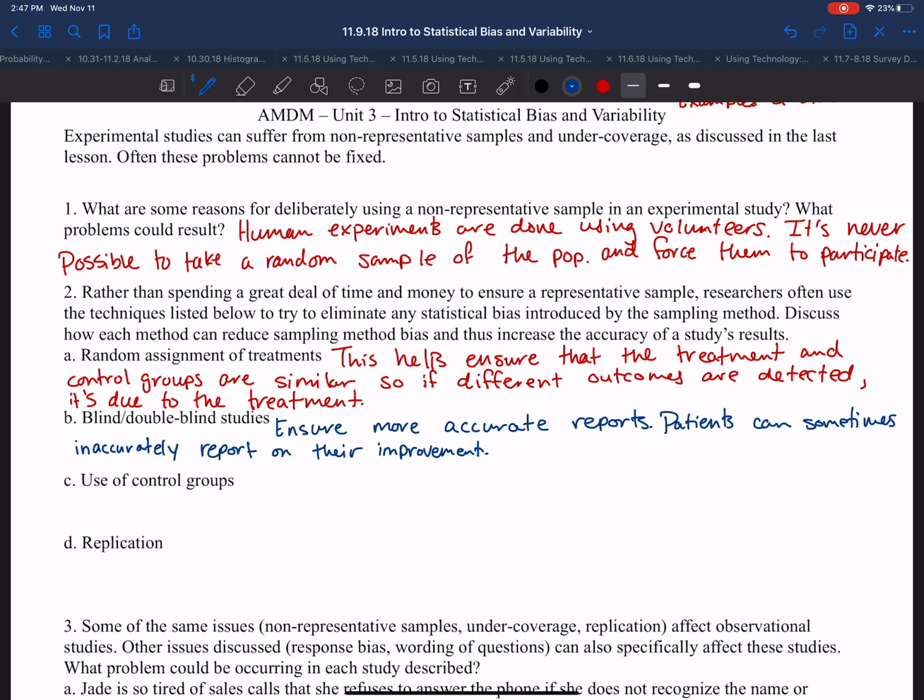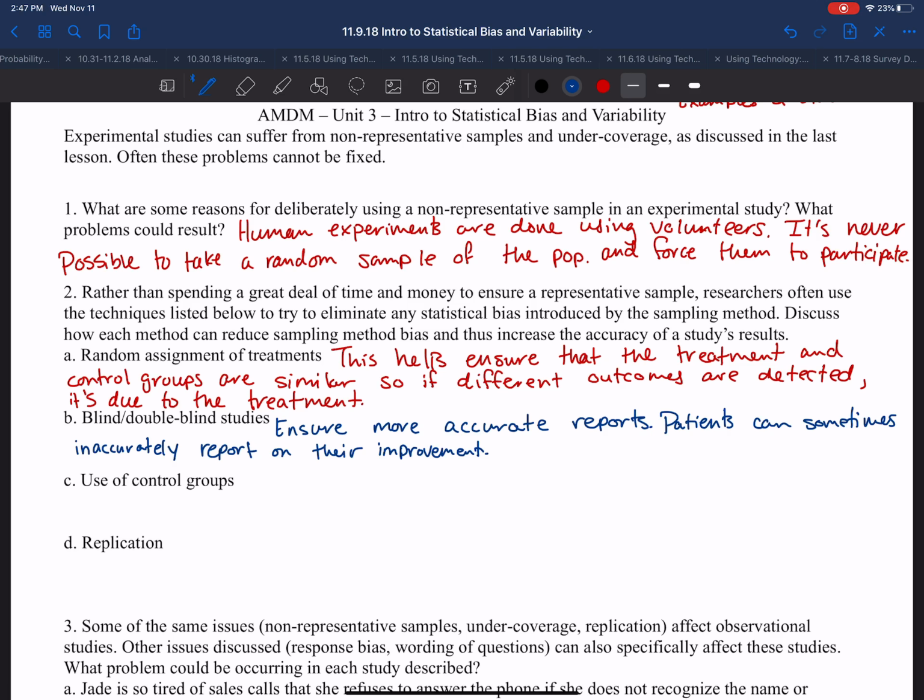So if they were blind, they wouldn't know, okay, am I the control group or am I the treatment group? And if they don't know, then that is beneficial to the researchers, because that way they're not being influenced by whether they have a placebo or whether they have the actual treatment.